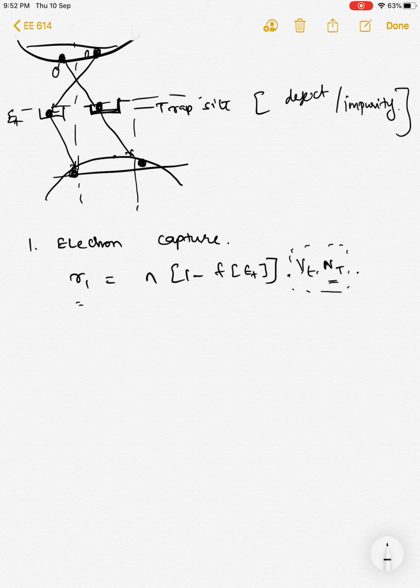Into sigma n is the capturing efficiency. So basically this is a constant of proportionality, right? So basically the electron capture is proportional to the density of electrons, the probability that the state is empty, the cross section accessible to the electron, that is Vn into the trap density into sigma n.